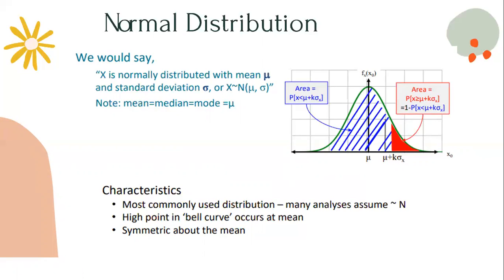Let's say you have measured the weight of 18-year-old females, about 100,000 of them, and you put that information in an Excel sheet and made a graph, and it turns out that it's a normal distribution.